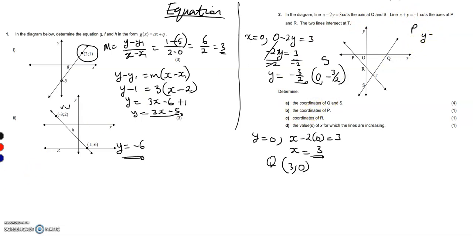We are looking for when y is equal to 0. Yes, when y is equal to 0, our x is going to be equal to negative 1. So the coordinates of P are negative 1 and 0.